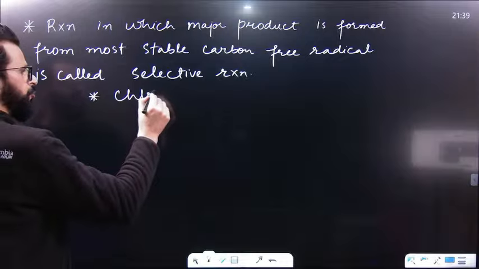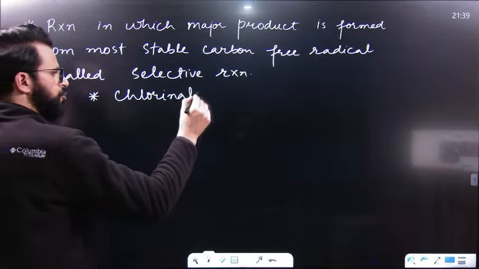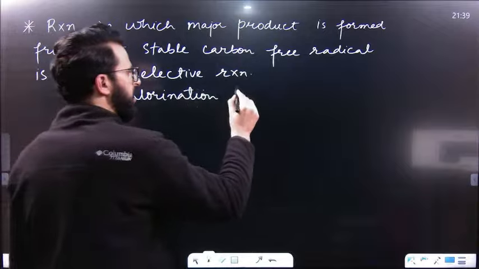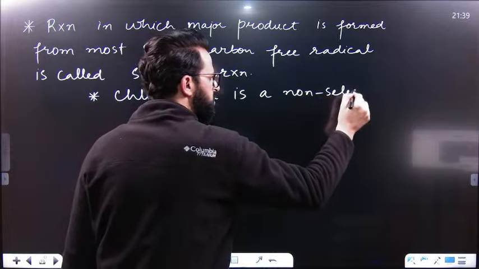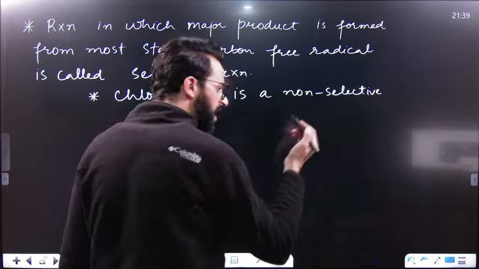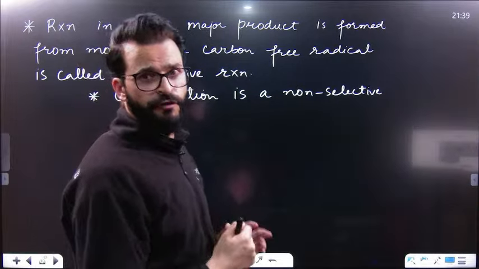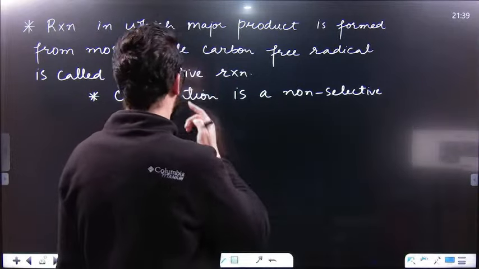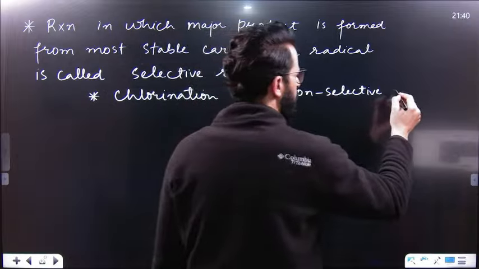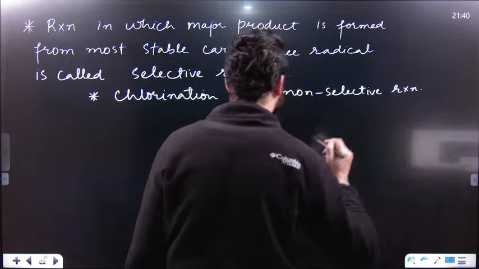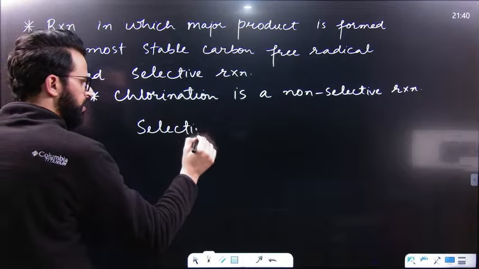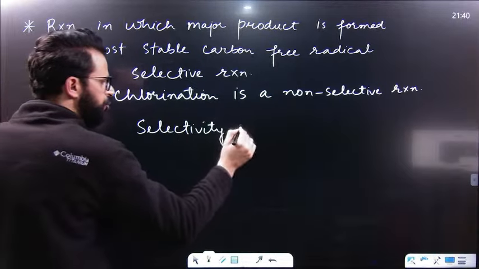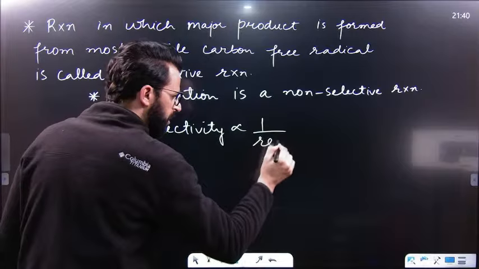Chlorination is a non-selective reaction because its major product can or cannot be formed from most stable carbon free radical. And remember, selectivity is actually inversely proportional to reactivity.